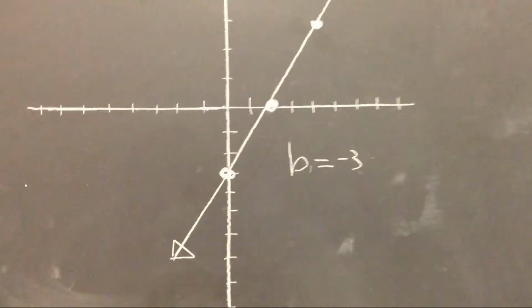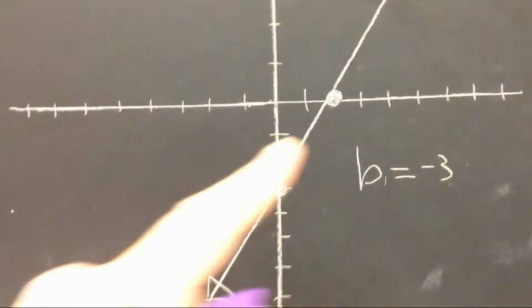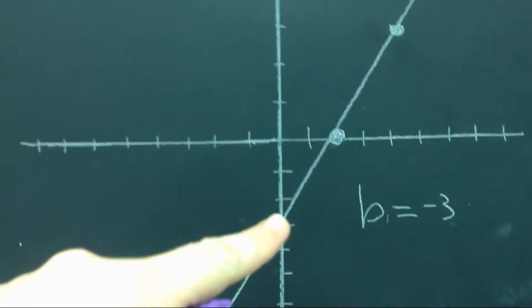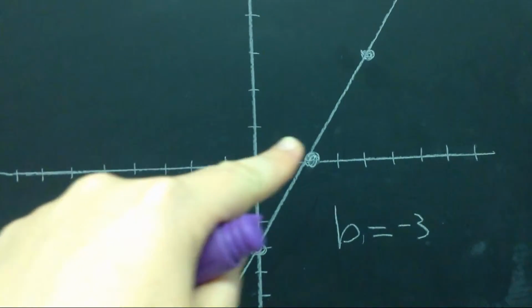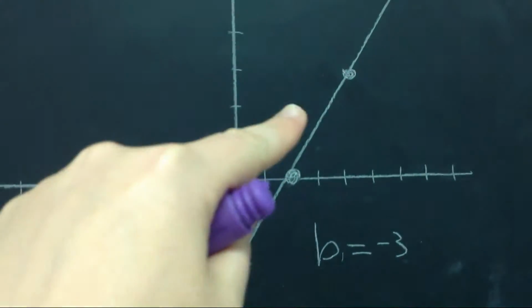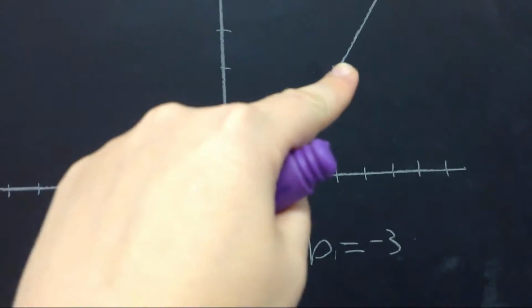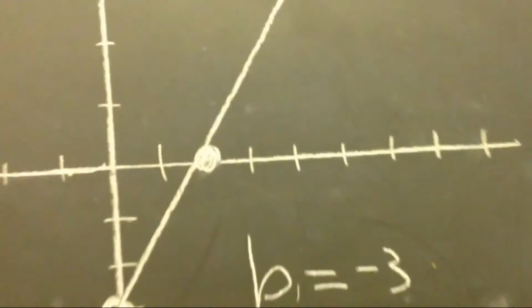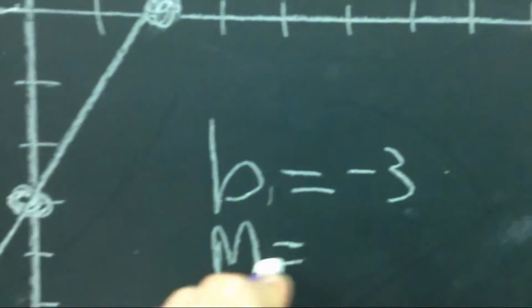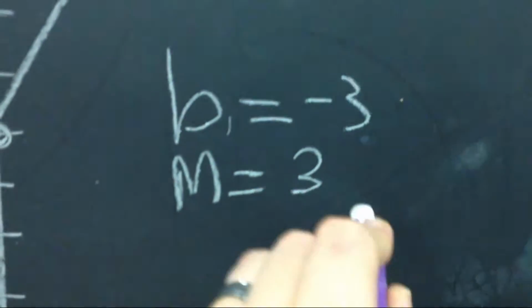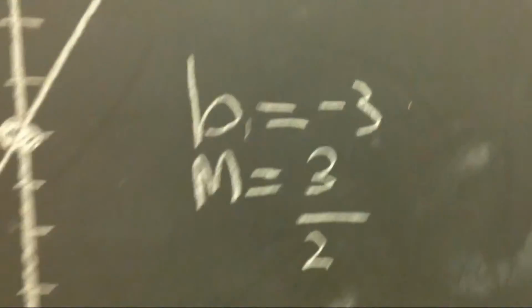Now, can I find the slope of the line? Yes, I can find the slope of the line. So here's what I do. Start here, go up, 1, 2, 3, run over, 1, 2. And so I notice that the rise is 3 and the run is 2.